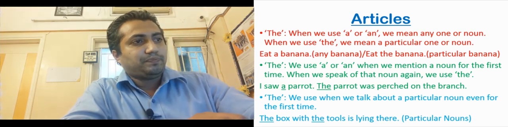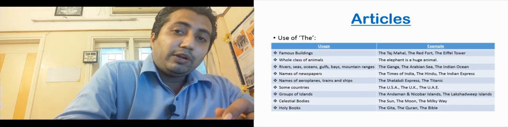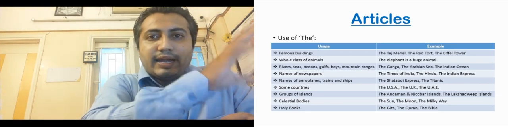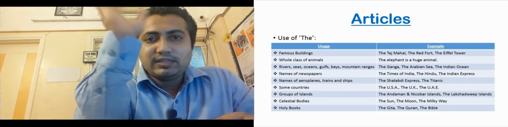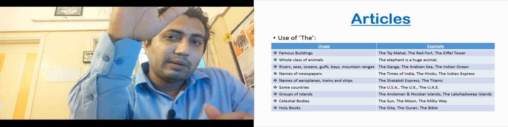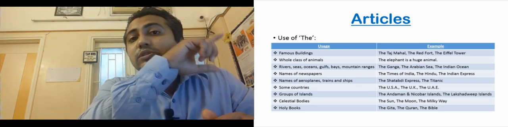Okay students, now here we will be discussing where we are going to use the. हमने डिस्कस किया था कि where we will be using a and an, वो तो हमने डिस्कस कर लिया. Any one जहां पे भी है, vowel sound जहां है तो an आएगा, consonant sound जहां पे तो a आएगा. But now we are going to discuss where we are going to use the.